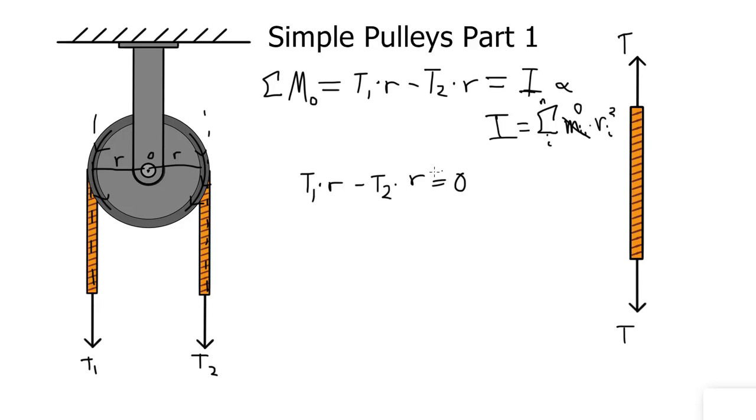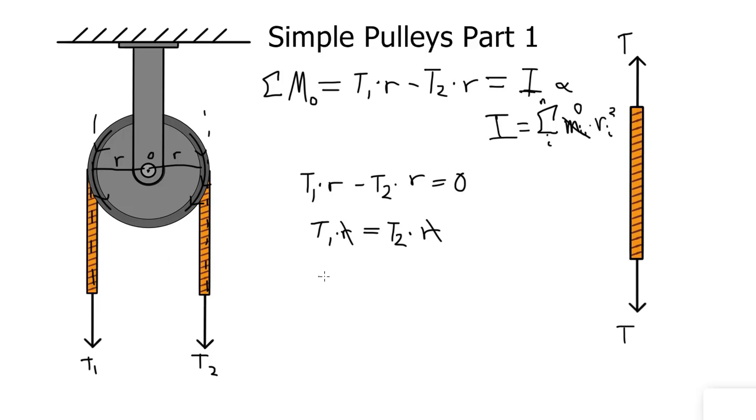Then we can add T2 times R to the other side. So it's T1 times R equals T2 times R. The R's cancel, and then you know that the tension is going to be the same no matter where, if you're going about a pulley and that pulley is considered massless.